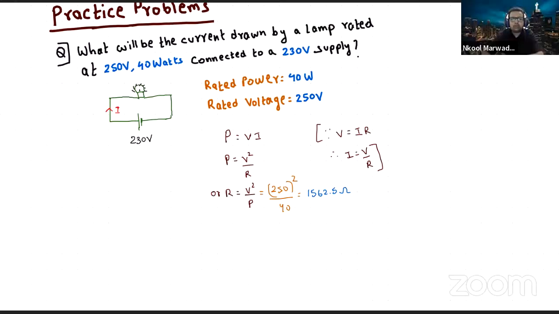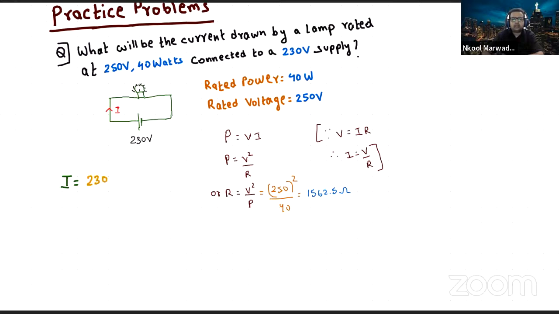Now applying Ohm's law, ultimately the current drawn, which is I, will be V by R. And here what will be the V? V will be 230. And what is R?